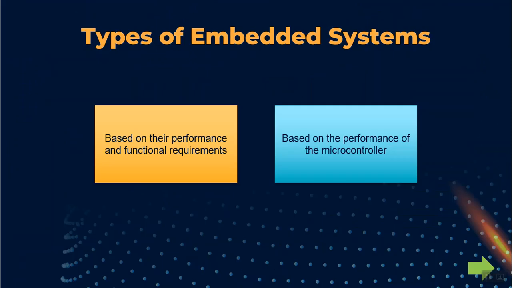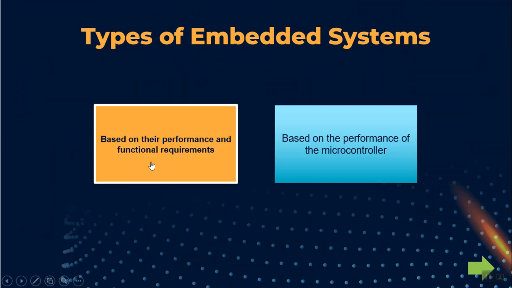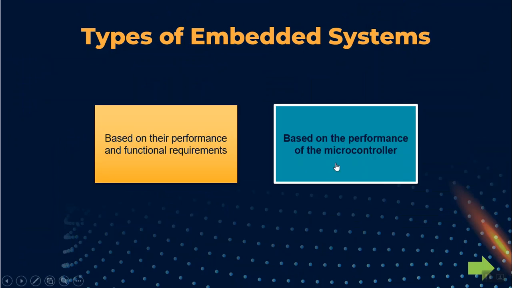Actually, there are two types of classifications of embedded systems. They can be classified based on their performance and functional requirements, and also on the performance of the microcontroller. Let's start with the classification based on their performance and functional requirements. Later on, we will also discuss the classification based on the performance of the microcontroller.